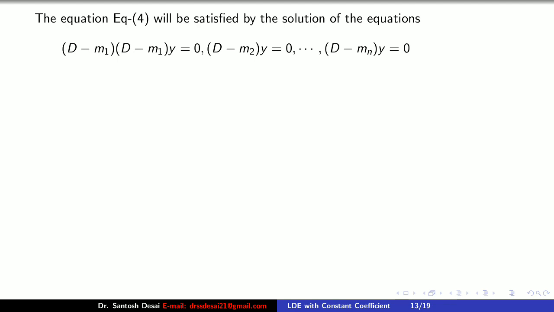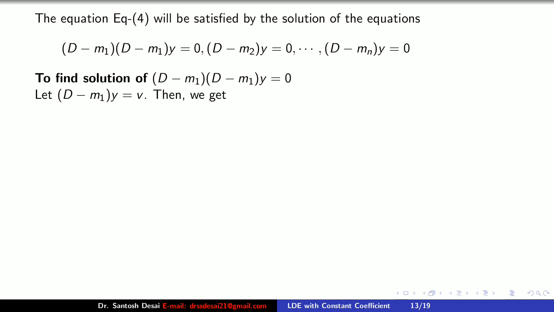So here we find the solution of (D minus m1)(D minus m1)y equal to 0. Let us take (D minus m1)y is equal to v. Then the above equation reduces to (D minus m1)v is equal to 0.